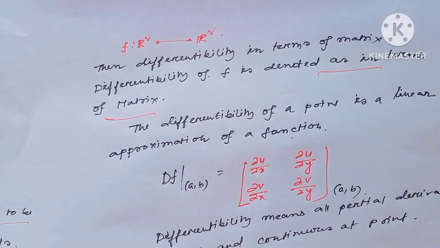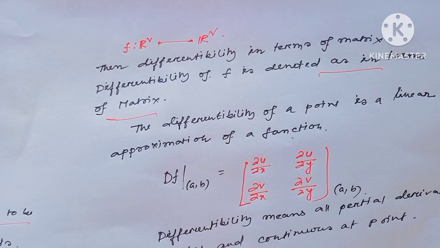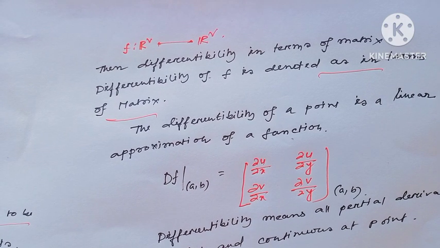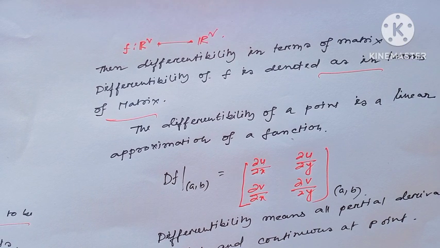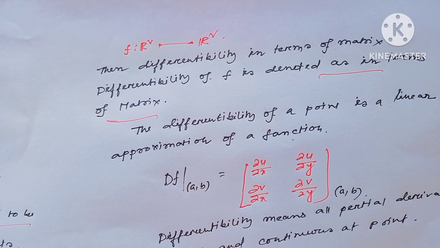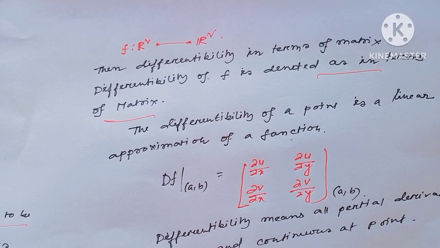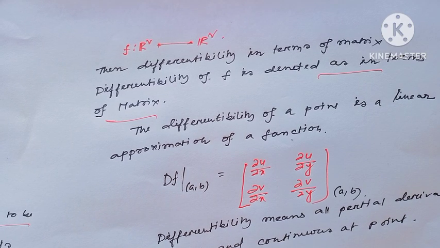Now consider a function f which is defined from R2 to R2. Then differentiability of a function is denoted in terms of a matrix.